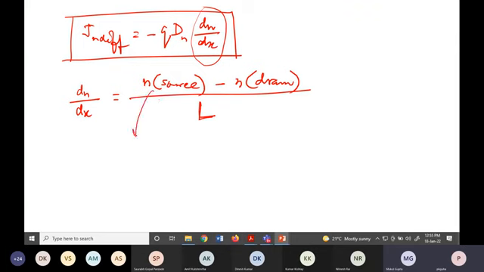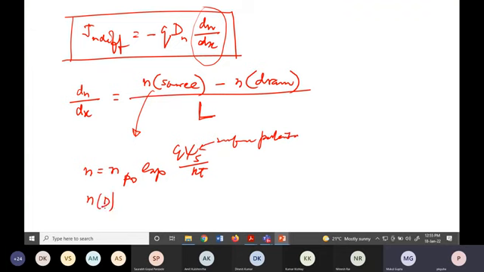Near the source, if you look at any semiconductor physics book, you can write n as exponential of q phi s by kT. Phi s is the surface potential. And this is n source.